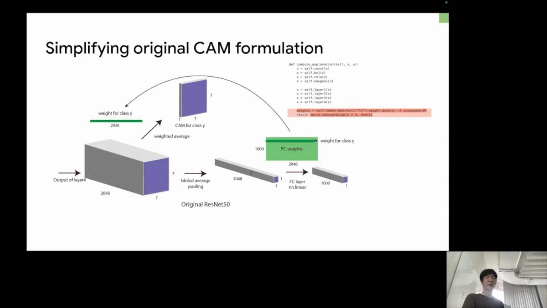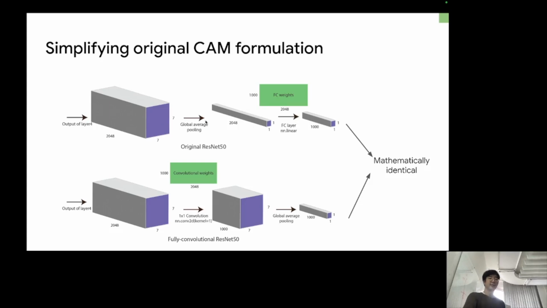What CAM is doing is you take a small row in this weight matrix corresponding to the class of interest, and then multiply this vector with the set of feature maps, doing a weighted average according to the weights in this vector. And that's going to give you a 7x7 feature map.